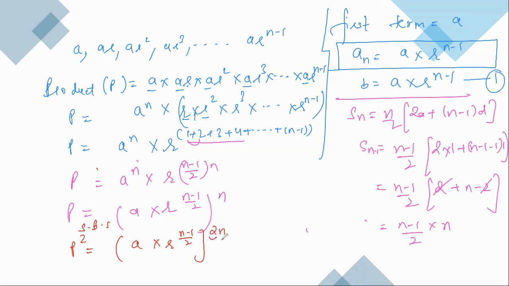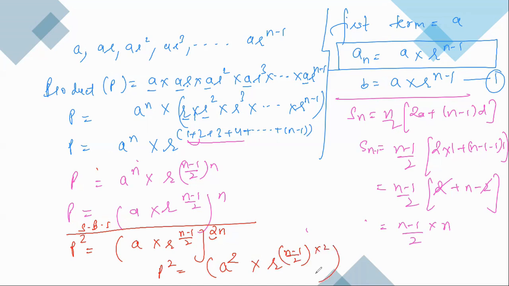Now I'm taking this 2 inside the bracket. Let's do one thing. Just a second. So if you do the square, P square is equal to a, and we take the power inside: 2 times r raised to the power (n minus 1) by 2 times 2.